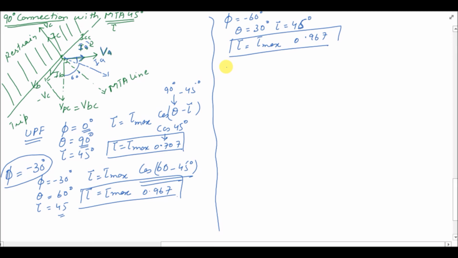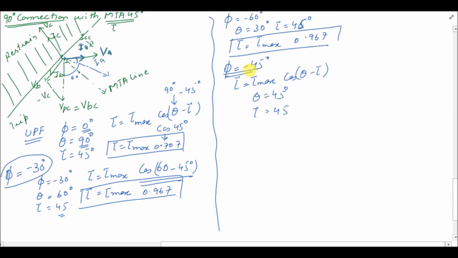Now at the power factor angle value of minus 45 degree, you will have torque value cos theta minus tau. Theta will be equal to 45 degree and tau is equal to 45 degree.